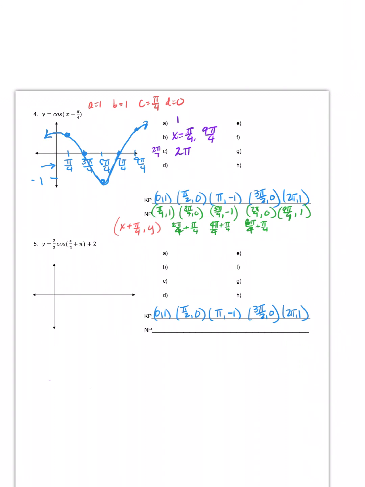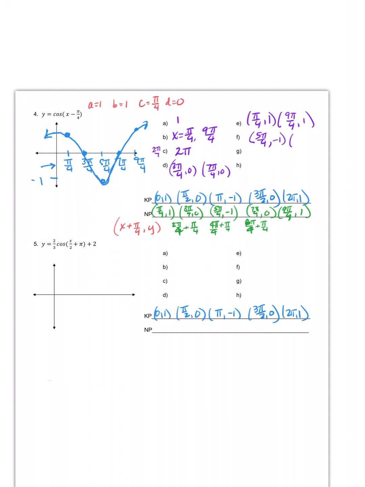The x-intercepts are 3 pi over 4, 0, and then at 7 pi over 4, 0. The maximum, so I still have two maximums. I have one at pi over 4, 1, and then at 9 pi over 4, 1. The minimum occurs at 5 pi over 4, -1.